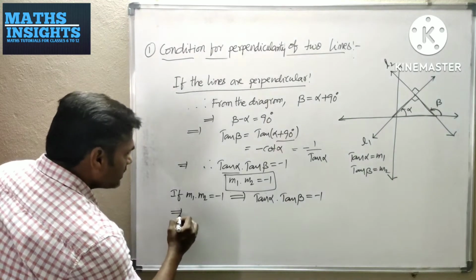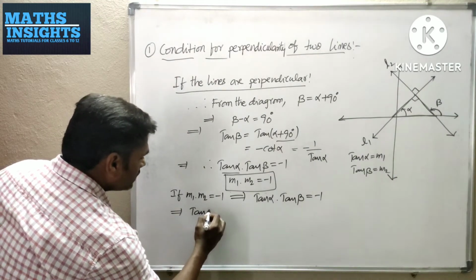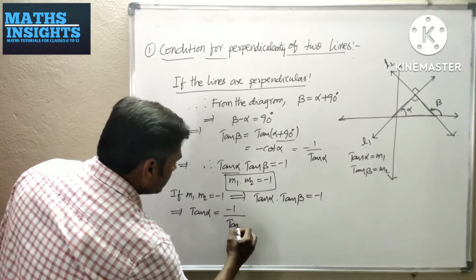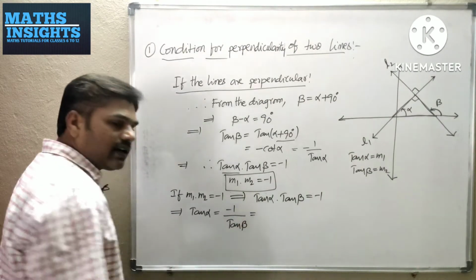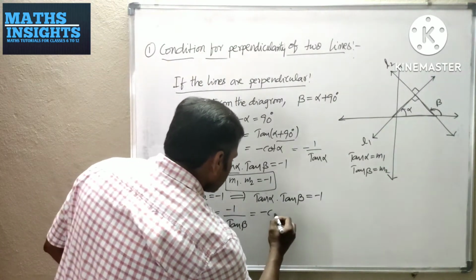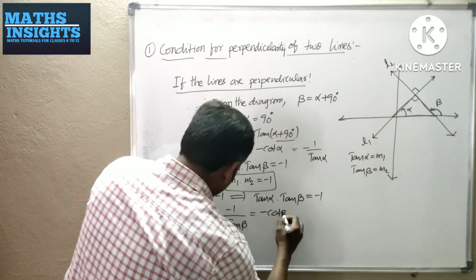We will write it as tan alpha is equals to minus 1 by tan beta. Tan is the reciprocal of cot, therefore you can write it as minus cot beta.